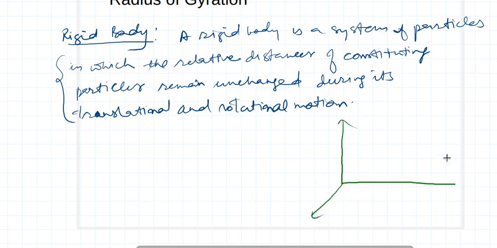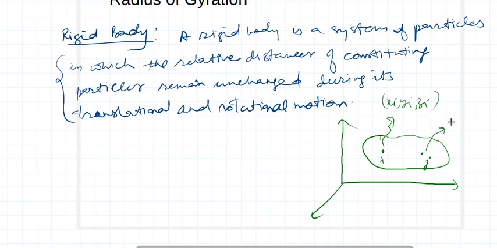What does it mean? Suppose it is a rigid body and say it has an ith particle and a jth particle. The position of the ith particle is represented by xi, yi and zi, and similarly for the jth particle it is xj, yj, zj.